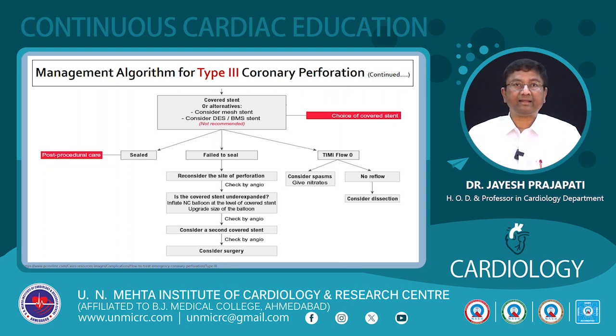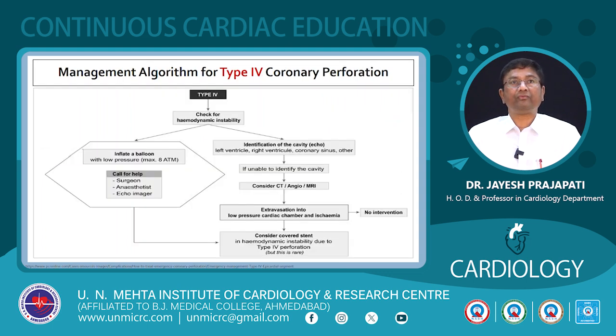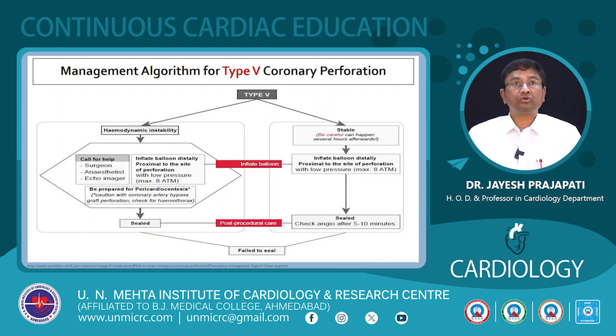If it is inside the pericardium, we always have to think of something. If it doesn't seal off with these measures, we have to use a covered stent. The covered stent is the most important thing to keep in mind. How to put a covered stent, I'm going to discuss in the next couple of slides. So that is regarding type 4.